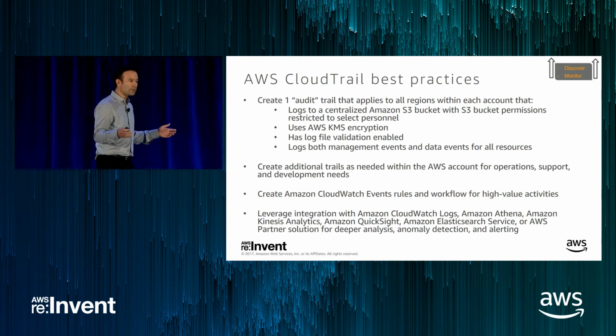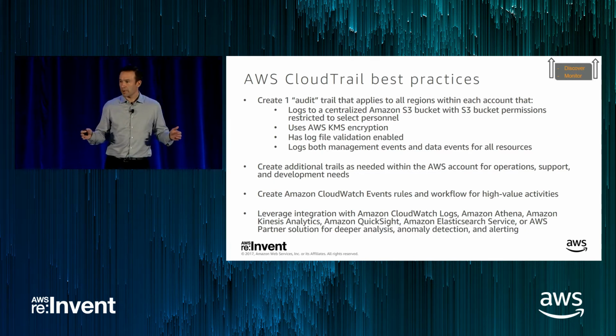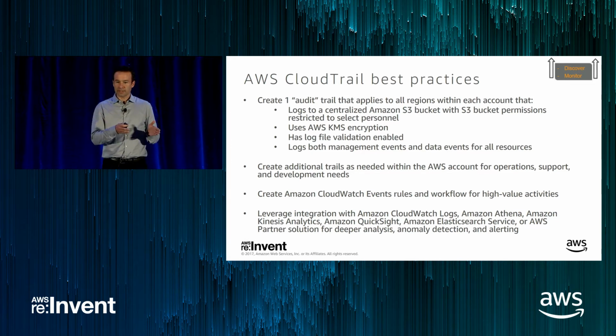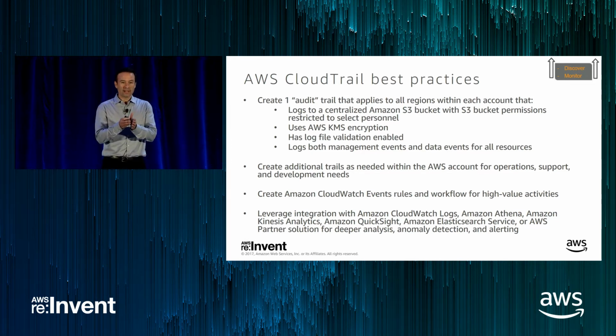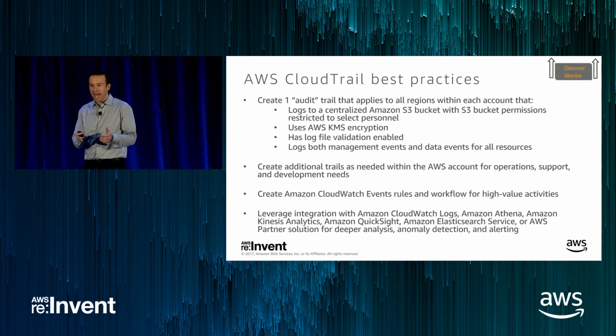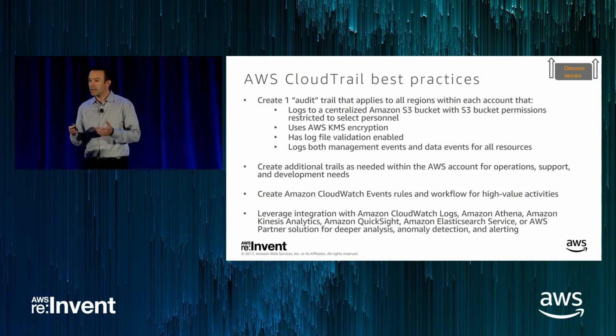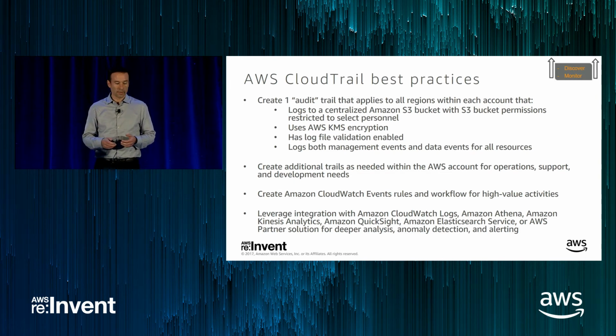And if you have multiple accounts, it's best practice to point the logs for each of those accounts to a centralized location. You're going to want a single repository for all of your CloudTrail logs across all of your accounts, dedicated to your auditing and compliance requirements.